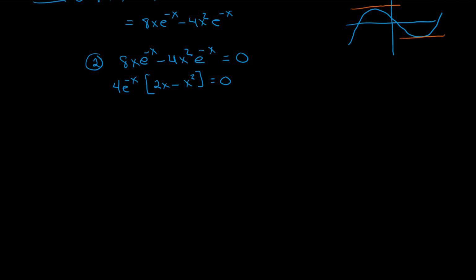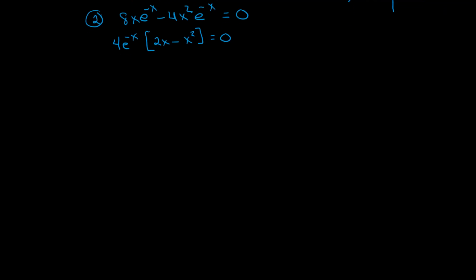Now, I can do a little more factoring here. I can rewrite this. I still have my 4e to the negative x. Then I can factor out an x, leaving us with 2 minus x equals 0. Okay, so we've got this to the point now where we're ready to do some algebra and solve this.